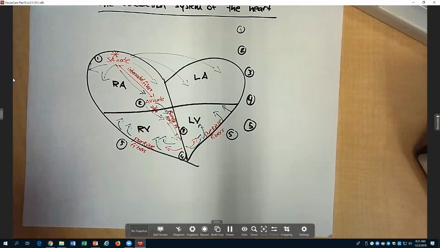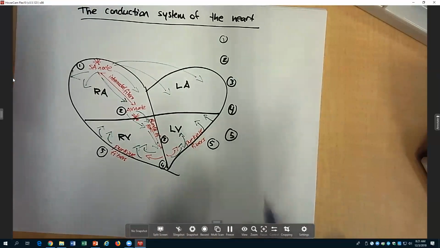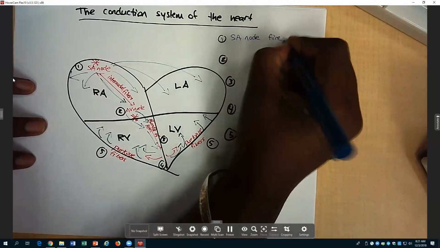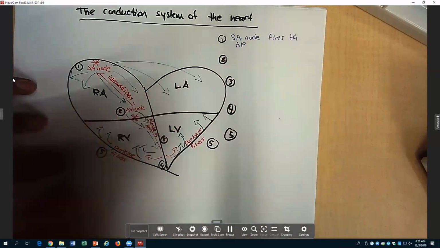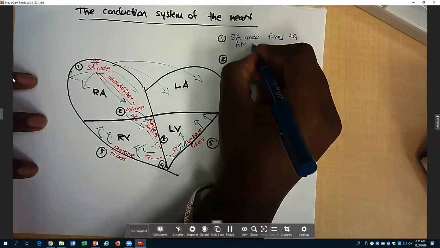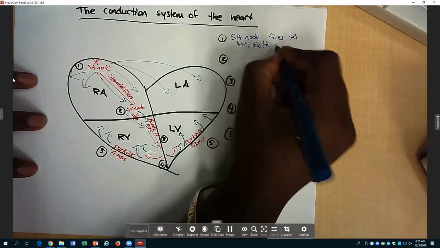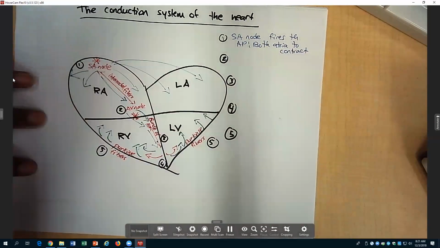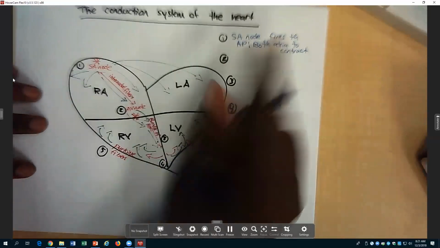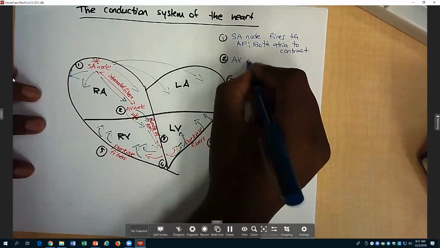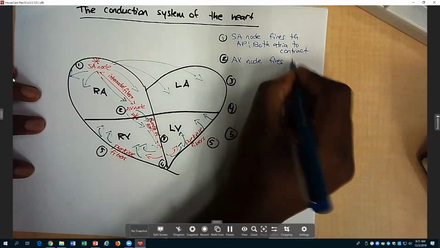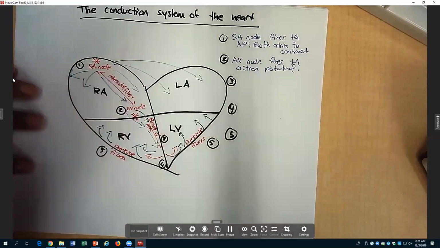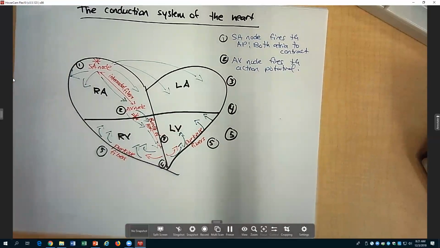Let's talk about that one more time. So step 1, the SA node fires the action potential. Okay? This causes both atria to contract. All right? Step 2, the AV node fires the action potential. Okay, so SA node, AV node.